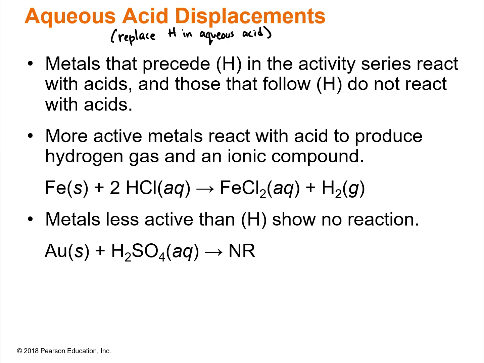All the metals that precede that hydrogen in the activity series will react with acids, and those that come after don't. So an example of an active metal would be iron mixing with hydrochloric acid. You'll end up making iron 2 chloride and liberating hydrogen gas. If it's less active, then you have NR for no reaction. Same concept, only you're comparing hydrogen and a metal versus two metals.